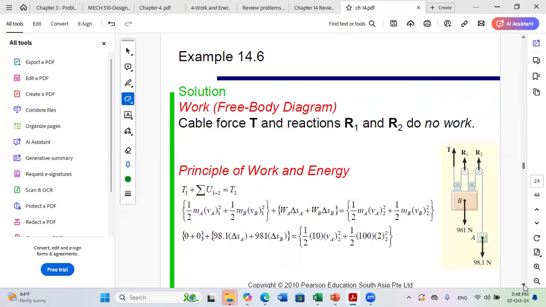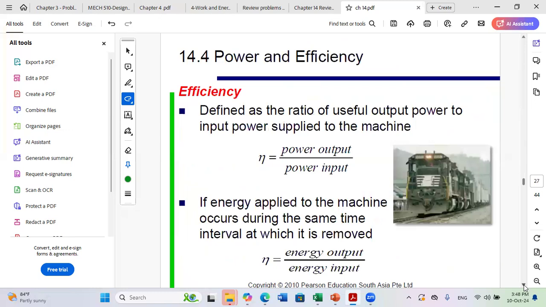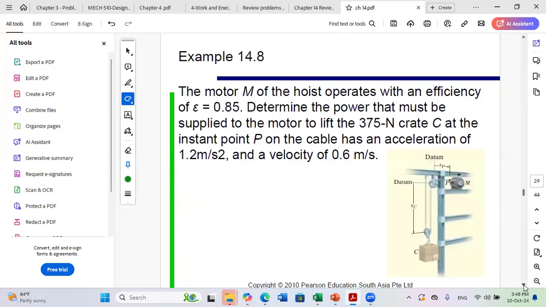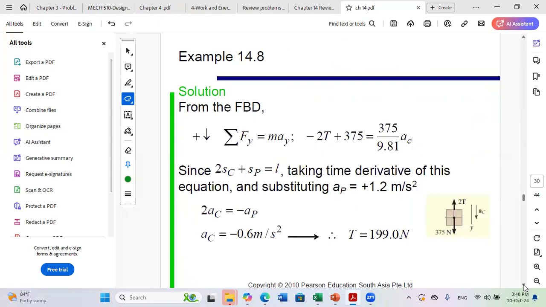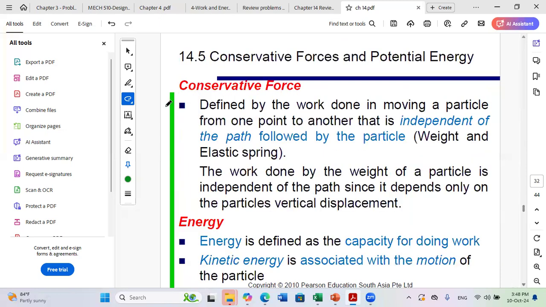Now, we have sometimes cases where all forces acting on the system are conservative. What do we mean by a conservative force? A conservative force is a force whose work is independent of the path of motion. This means I just care for the initial and final position.